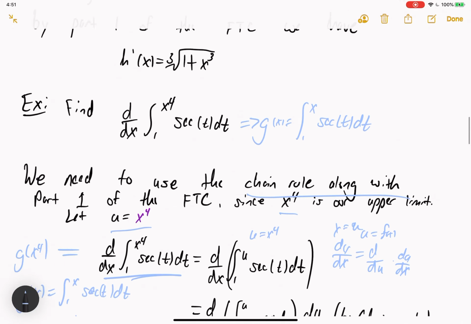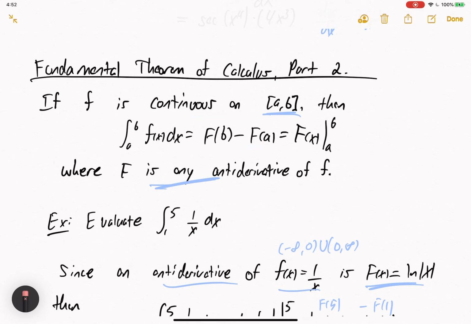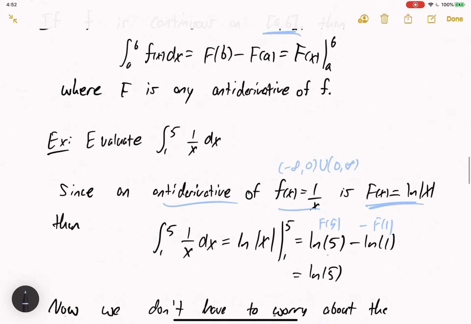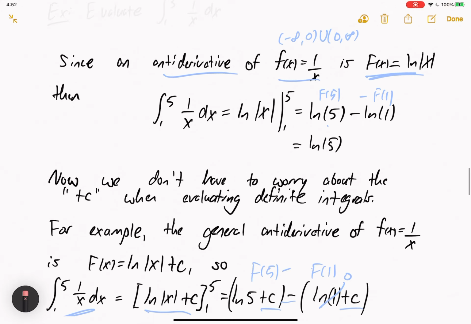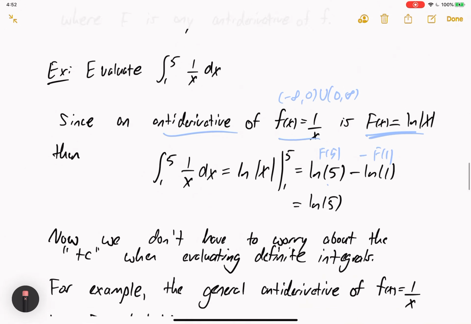But the most important part comes from part 2. It tells us that instead of doing Riemann sums, limits, rectangles, or infinite sums, we can just use antiderivatives.